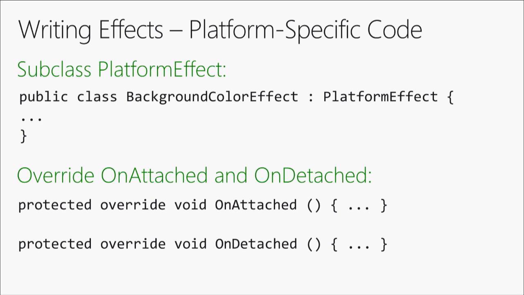So this is where we'll write the bulk of what the effect is going to look like. And OnDetached is what happens when, as you probably guessed, the effect is removed from the control. So I wouldn't say most, but in many cases, you're going to leave that empty. But if you have some sort of cleanup that you need to get done, you can do that in OnDetached. All right.